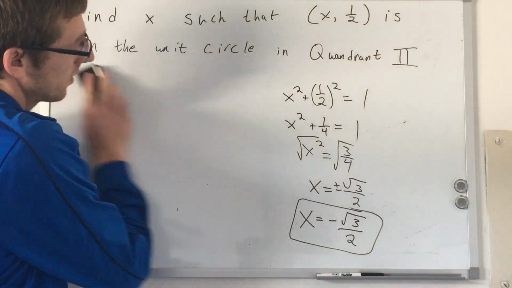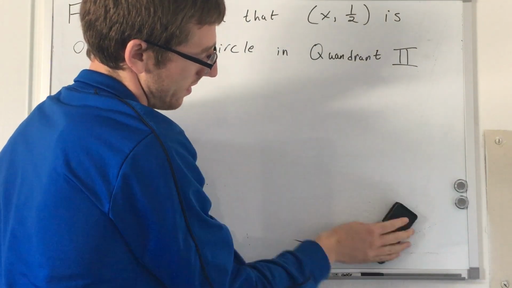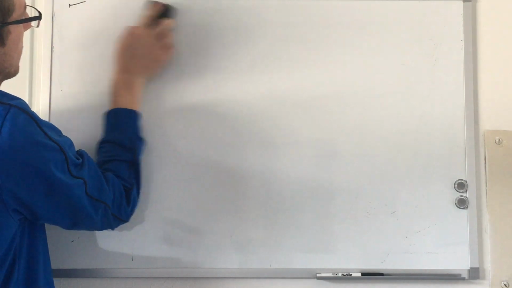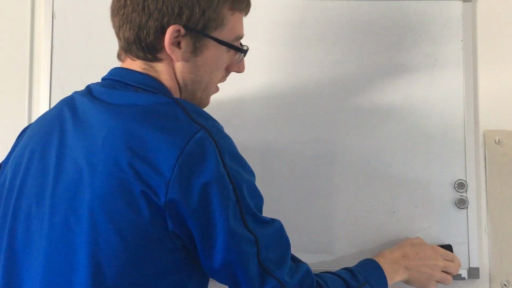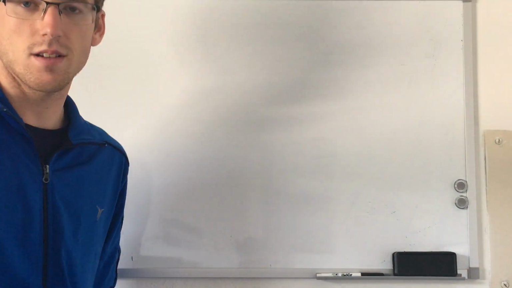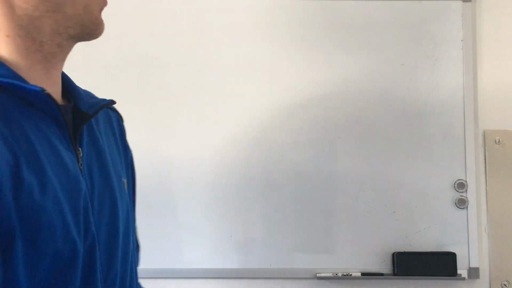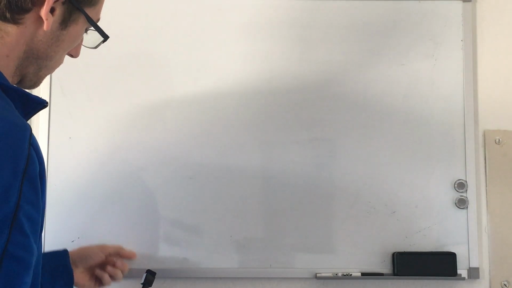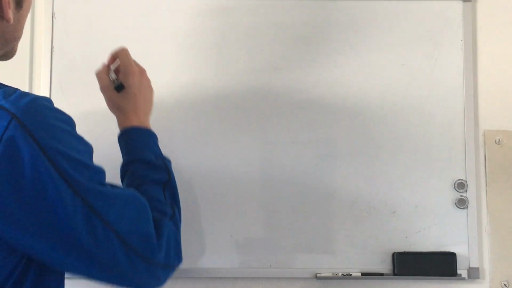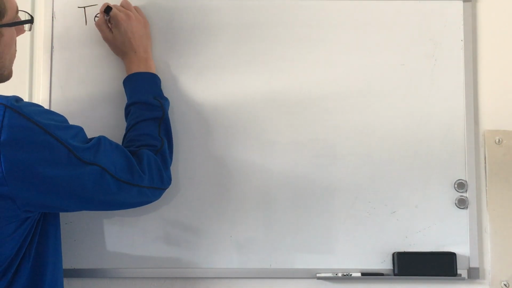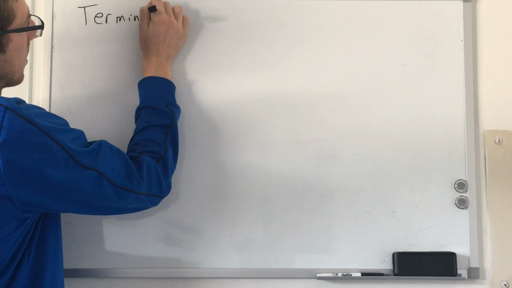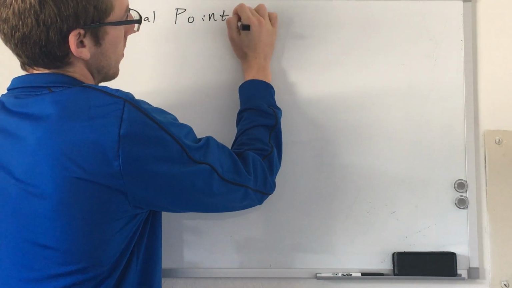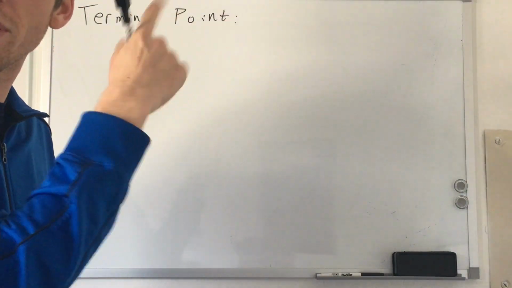All right. So the next thing we have is just a bunch of vocab, to be completely honest. The vocab is a reference number and a terminal point. The terminal point is probably easiest. We have this terminal point here, and it's exactly the values that I had up on the unit circle.